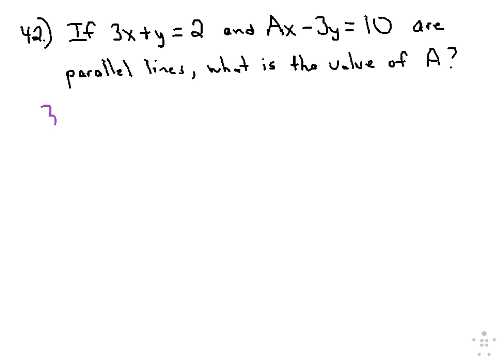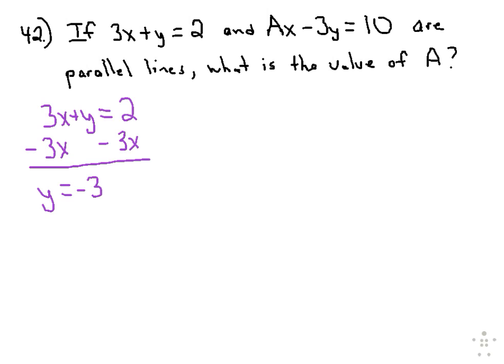So let's take a look at this first equation, and let's figure out the slope. So I have y is equal to negative 3x plus 2. So the slope of this line is negative 3. So my slope has to be negative 3. When I take a look at the second equation, let's go ahead and solve it for y.